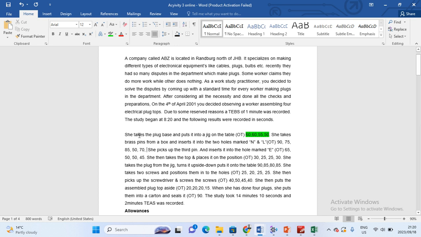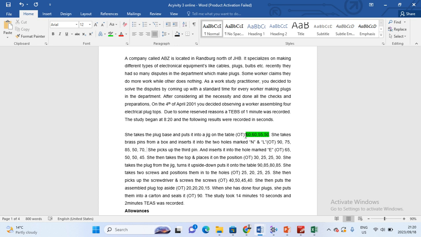All right. Then we have our first here. She takes the plug base and put it into a jig on the table with an observation time of 60, 60, 55, and 50. These numbers that are given to you, remember, they are your observation time, which is the OT. It may be stated or it may not be stated, but you should know these are your observation time.